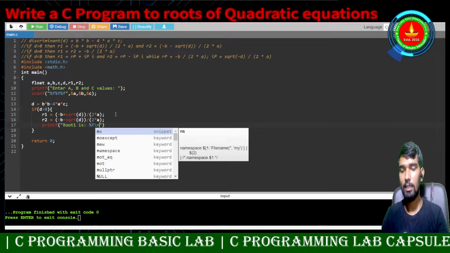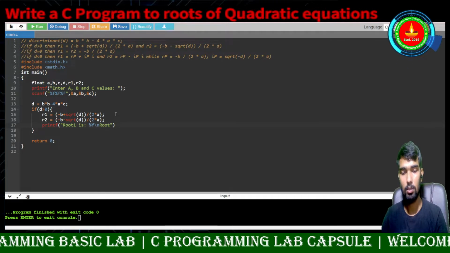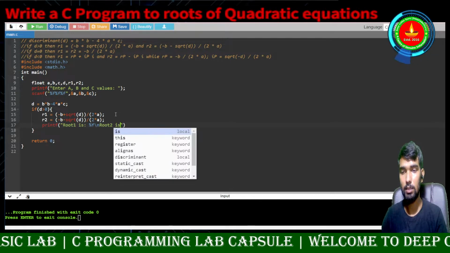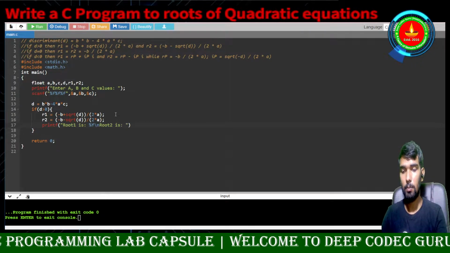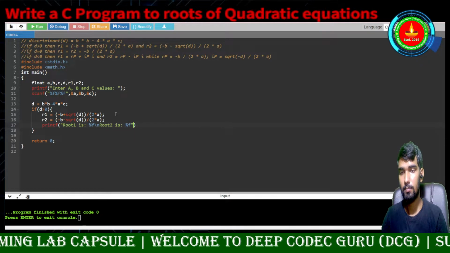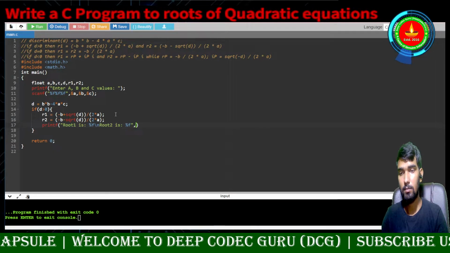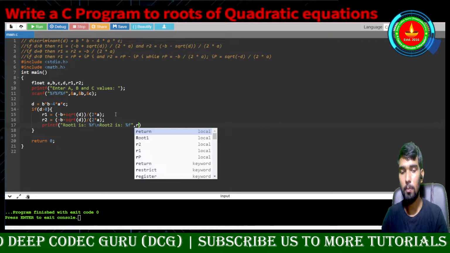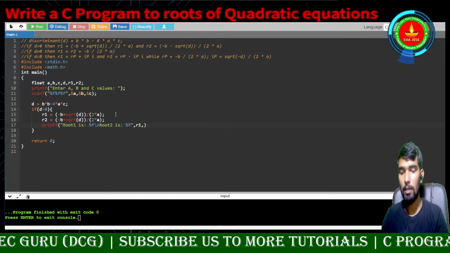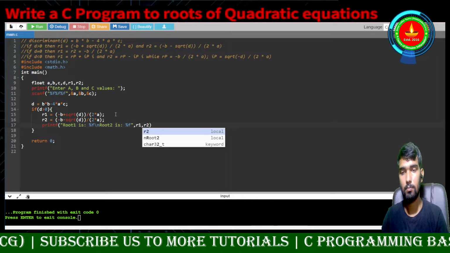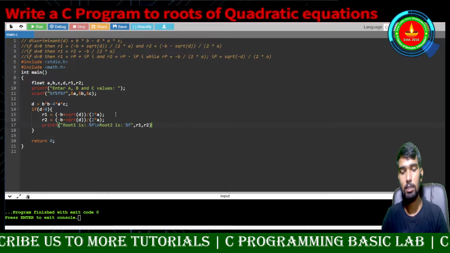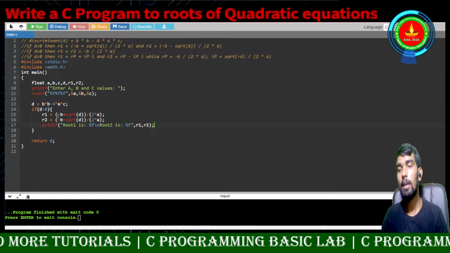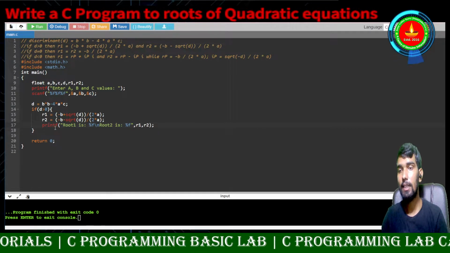So backslash n, root 2 is percentile f, comma, and what we are going to print? Root 1 comma root 2. So this will be printing when the determinant is greater than 0.